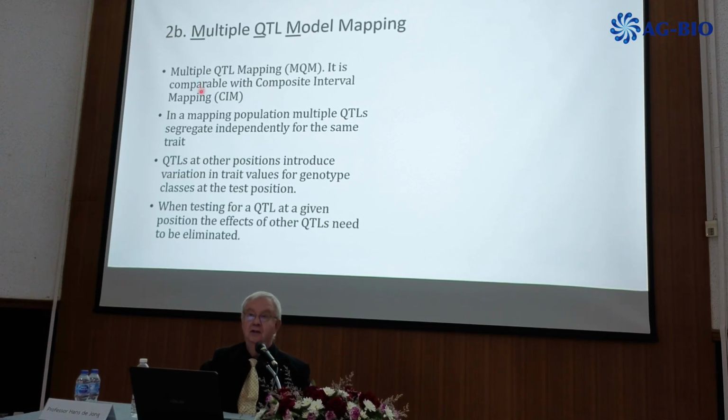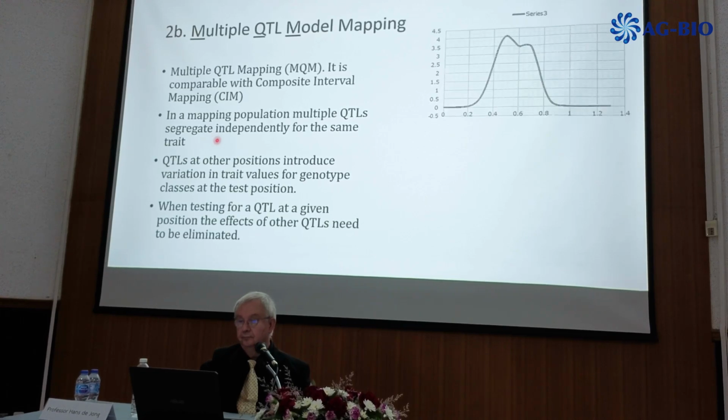But I see that in the professional QTL mapping that I look for, they actually use both MQM and CIM. There are both multiple QTL models and composite interval mapping to find your QTLs. And in the good case, you probably find the same QTLs.